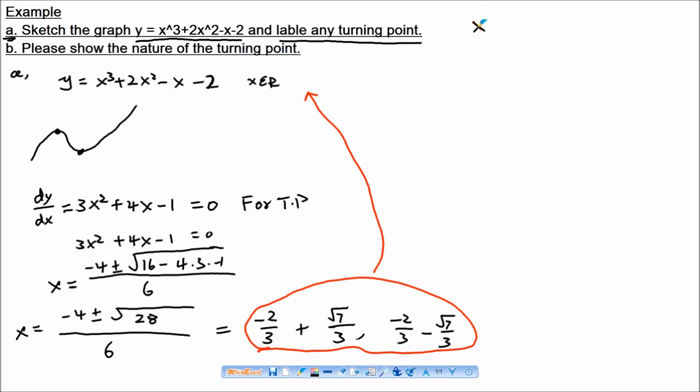So the x value will be -2 on 3 plus square root of 7 on 3, or -2 on 3 minus square root of 7 on 3.